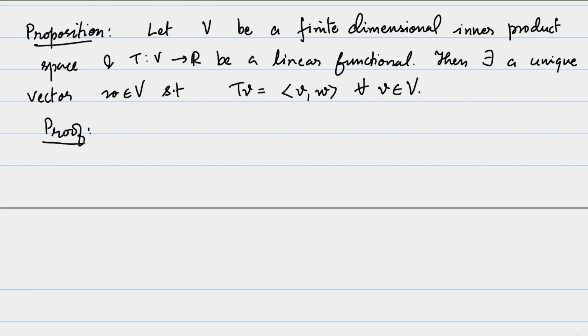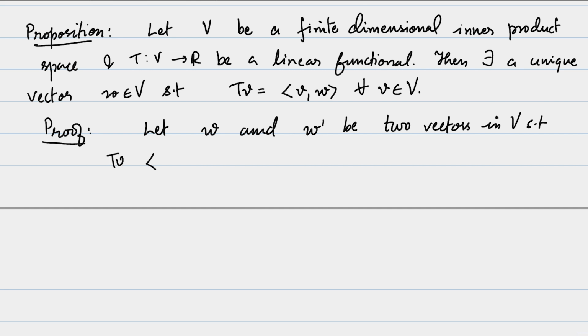The proof of this statement is by considering the possibility of two such vectors W. So let W1 and W2 be two vectors in capital V such that the inner product T(V) is equal to the inner product of V with W1, which is the same as the inner product of V with W2.